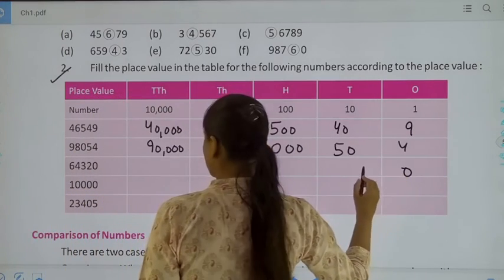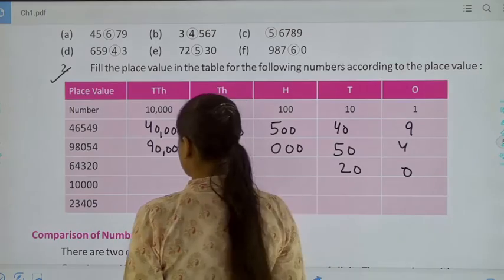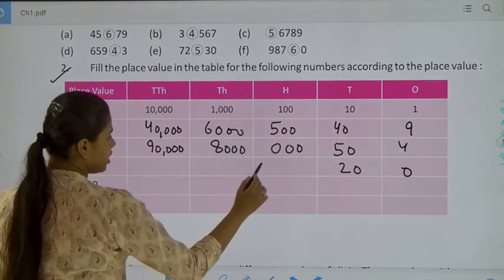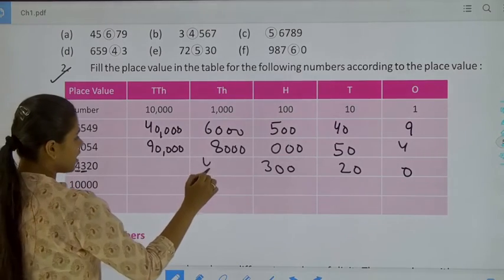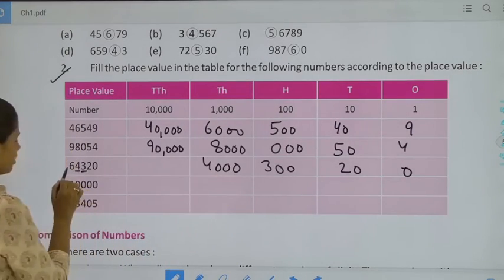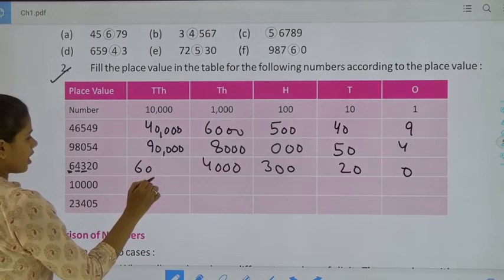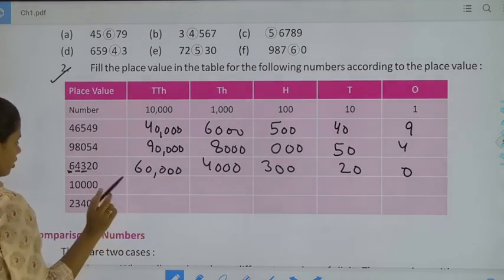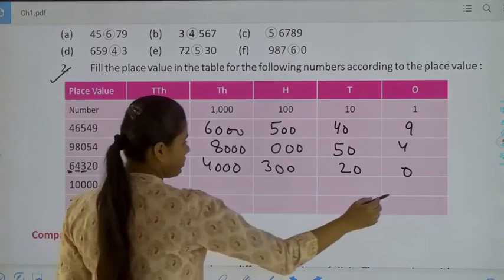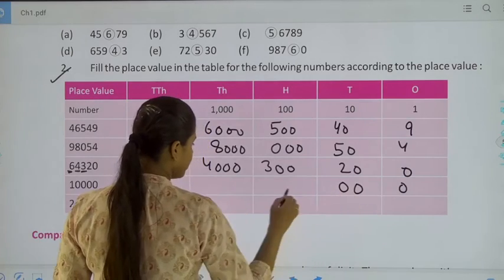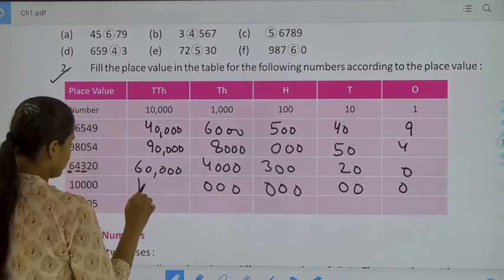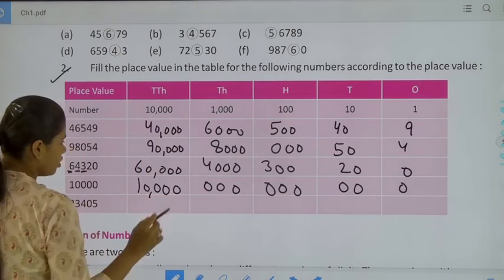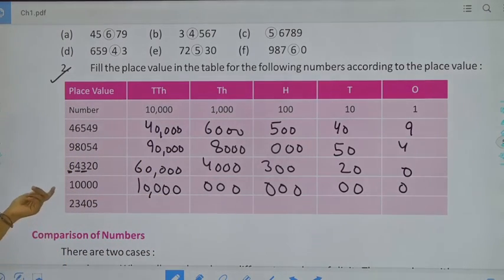Ones, then tens, then 100, then 1000, and then 10,000.